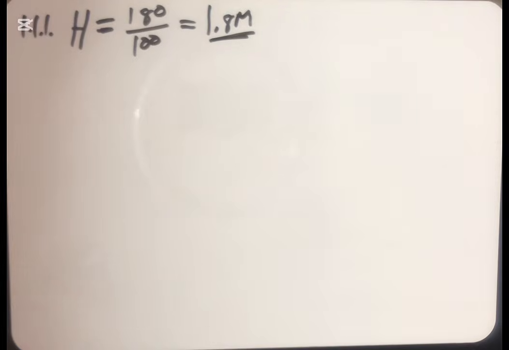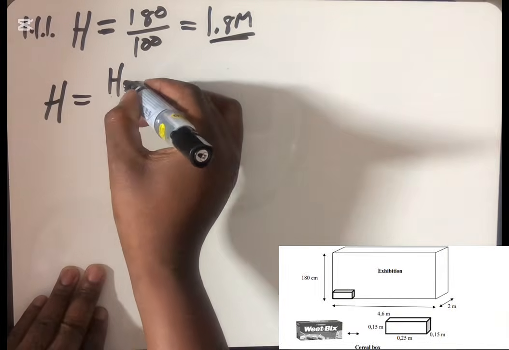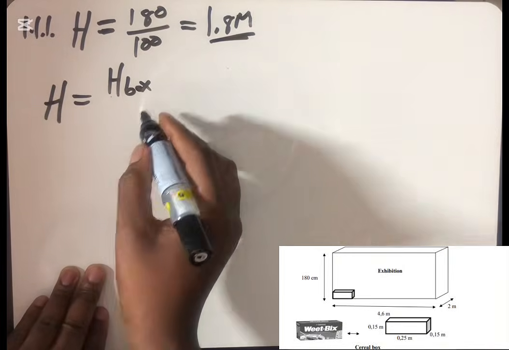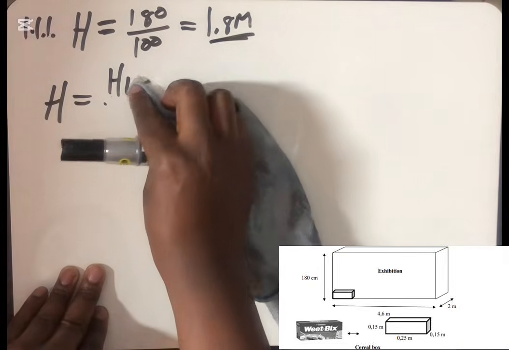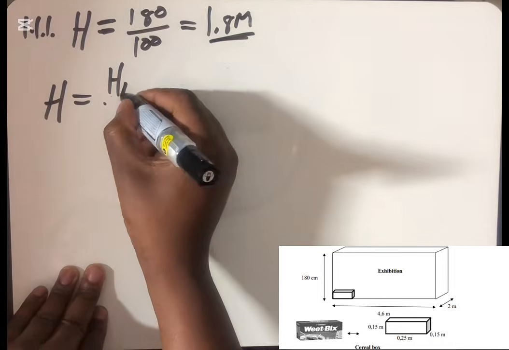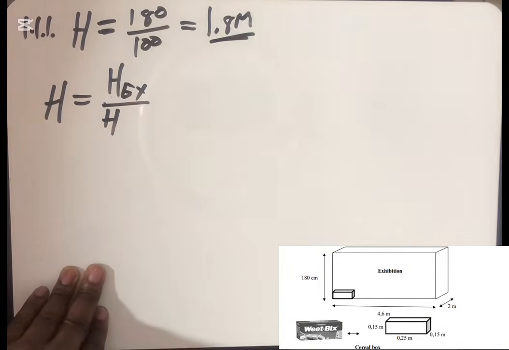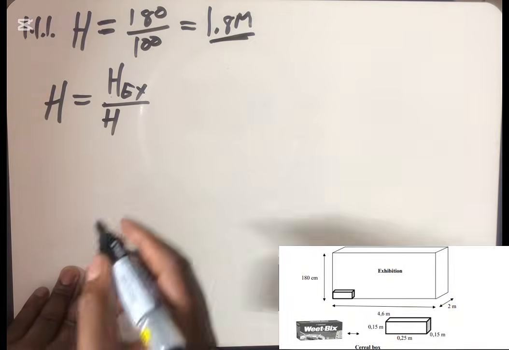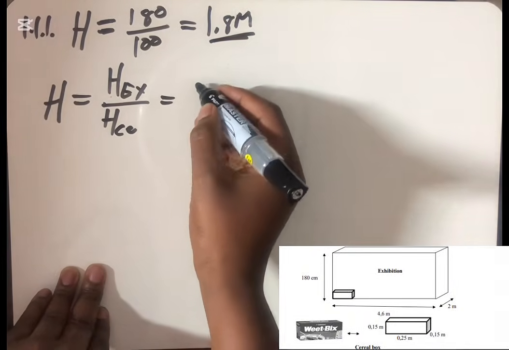For that reason, we are going to say height divided by height, length divided by length, width divided by width. So let's begin with the height. Height of an exhibition, I'll just write EX, divided by height of a cereal box, which I can write CE. Height of an exhibition is 1.8.